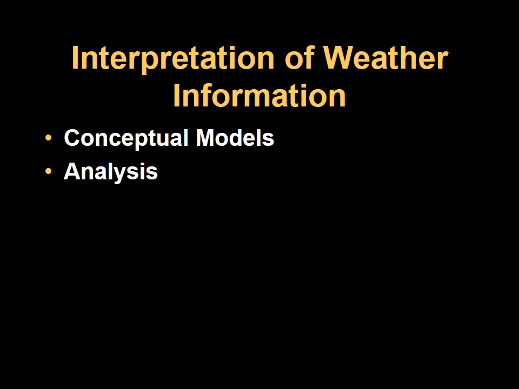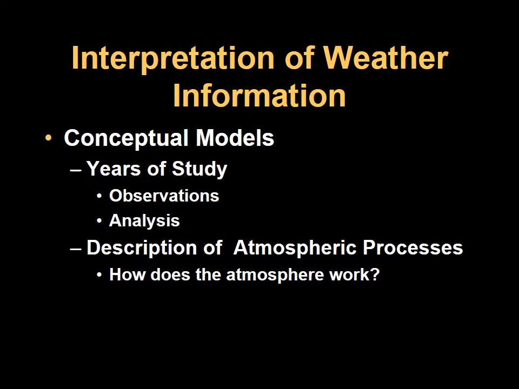So what we're going to do now is talk about conceptual models, and then we're going to talk about analysis of weather data. Conceptual models come around from years of study. People looking at weather maps notice patterns. The very first weather maps were created back in the late 19th century when the telegraph came around.